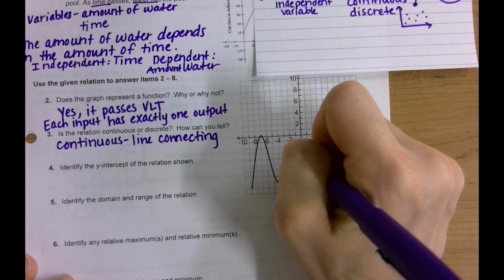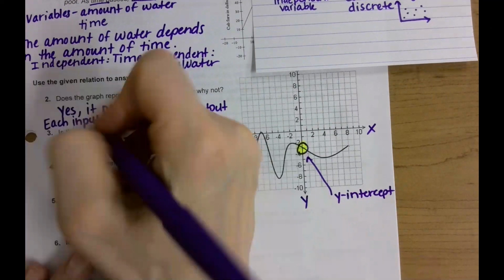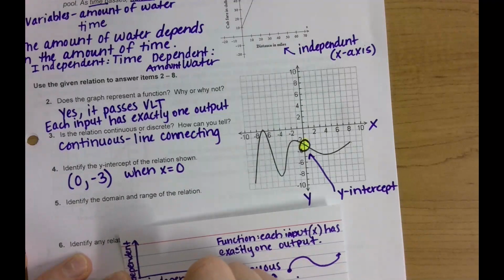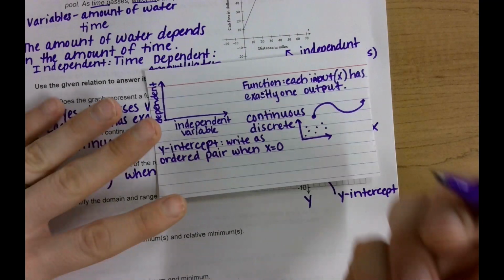That ordered pair has a y-value of -3, but remember the x value is always 0. So if you need a reminder: y-intercept, write as ordered pair, when x equals 0.